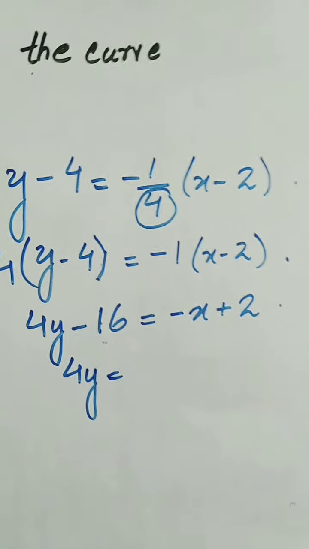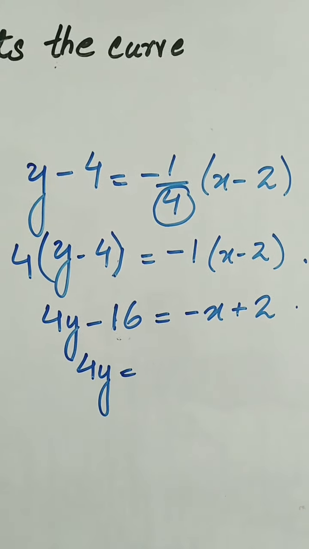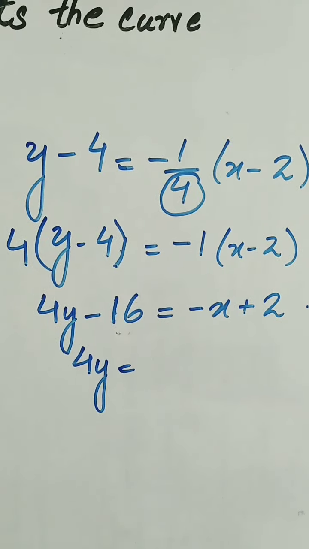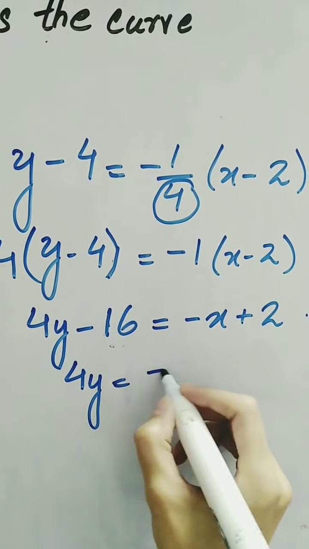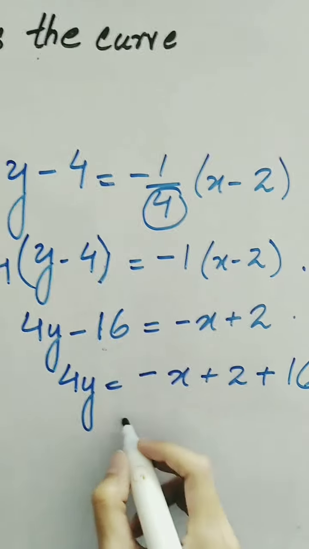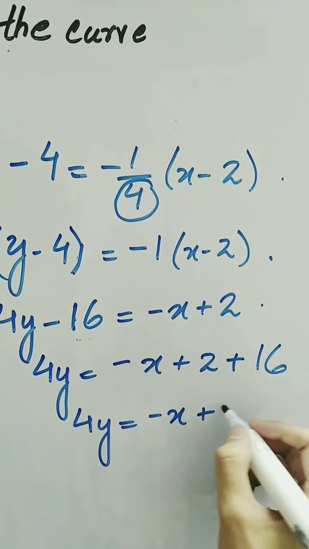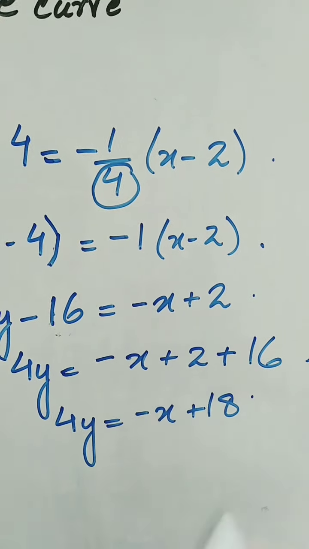4y is equal to minus x plus 2 plus 16, or we have 4y is equal to minus x plus 18.